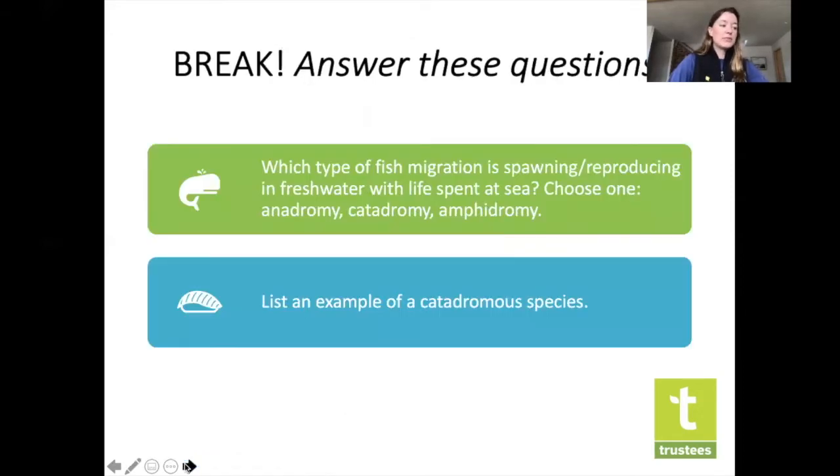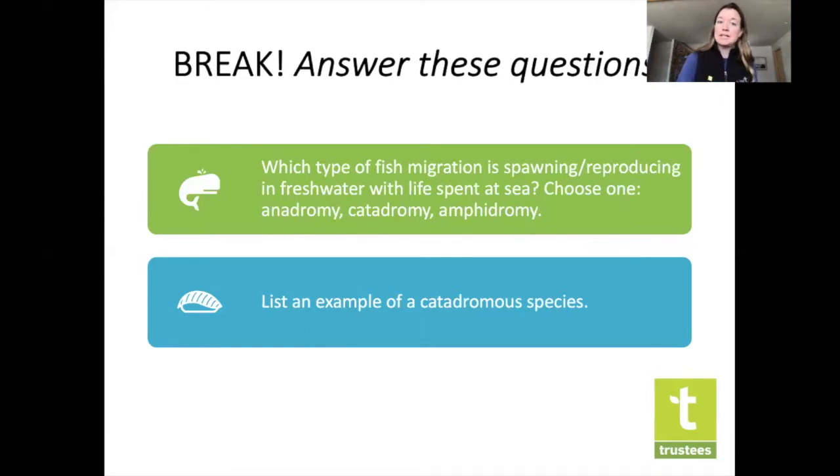Okay, we'll take a break right now so you can answer these two questions. So on your sheet of paper, the first question I want you to answer is this one. Which type of fish migration is spawning or reproducing in freshwater with life spent at sea? So think back to our diadromous fish migration, because remember, diadromy is the movement between the saltwater and freshwater boundary.